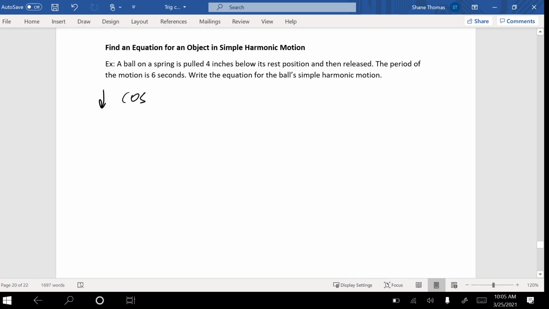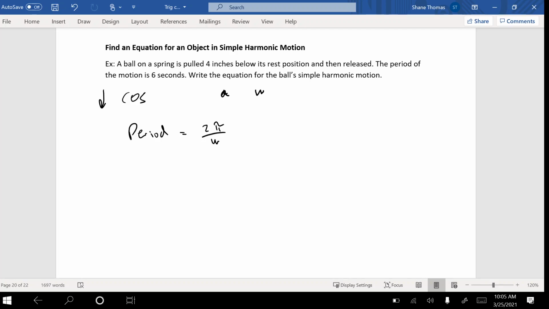Now, we need to find our A and our W yet, right? Let's find W first. Our period is 2 pi over whatever W is, correct? We know that by definition of the harmonic motion.